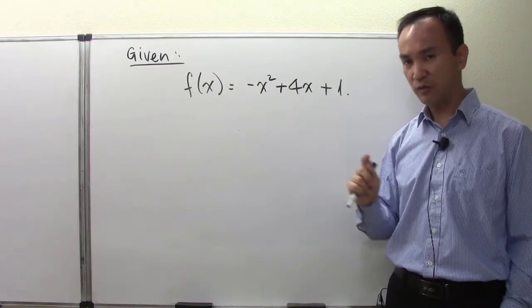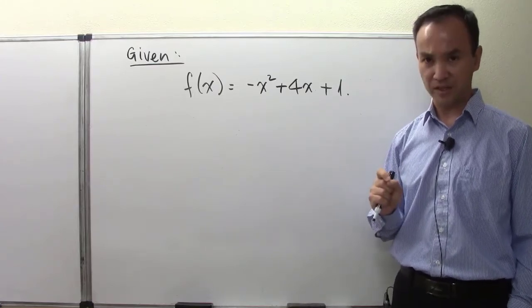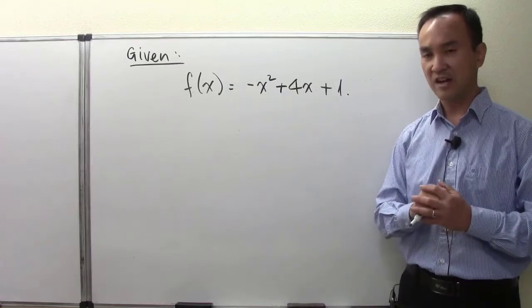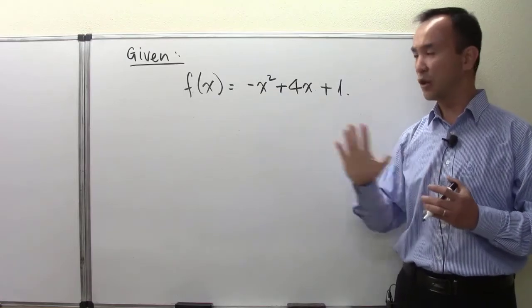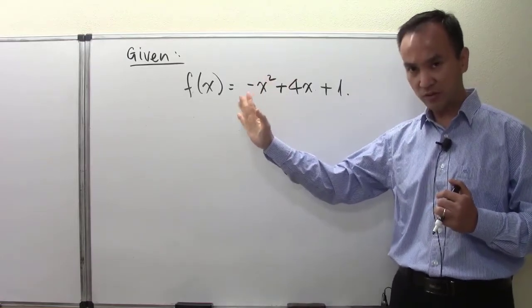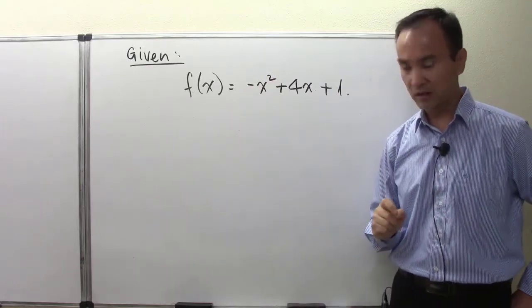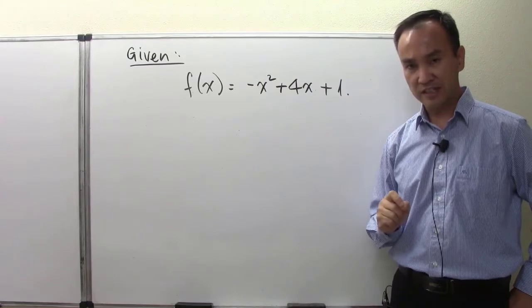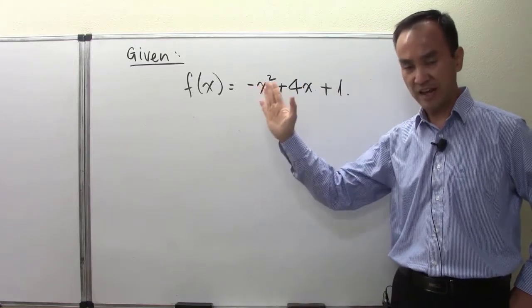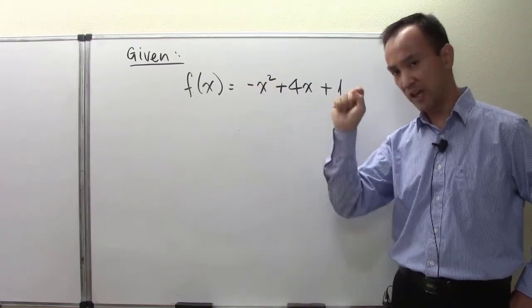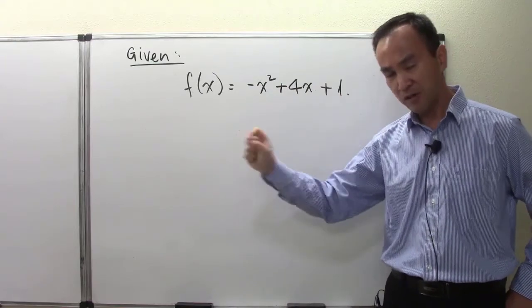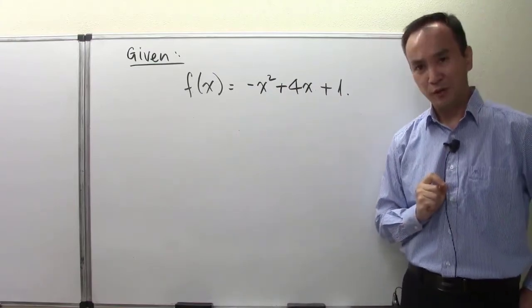But here, when we're looking at the concept of rate of change, we're going to mostly focus on functions where the output is a numerical value. This is one of those functions: the inputs are numerical, and the output coming out is also numerical.